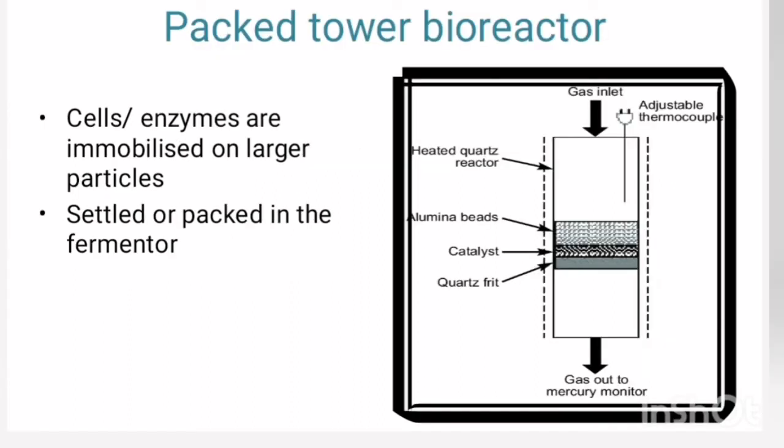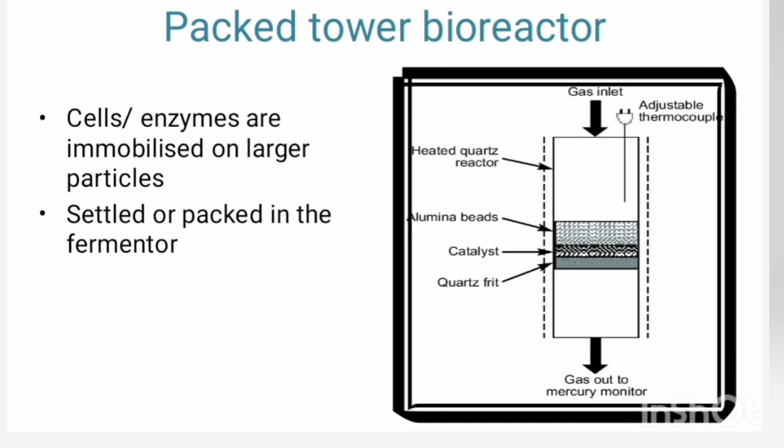Next one, packed bed bioreactor. In this, cells or enzymes are immobilized on larger particles, so they cannot move through the liquid. So they are settled or packed in the fermenter. Hence the name packed bed bioreactor.